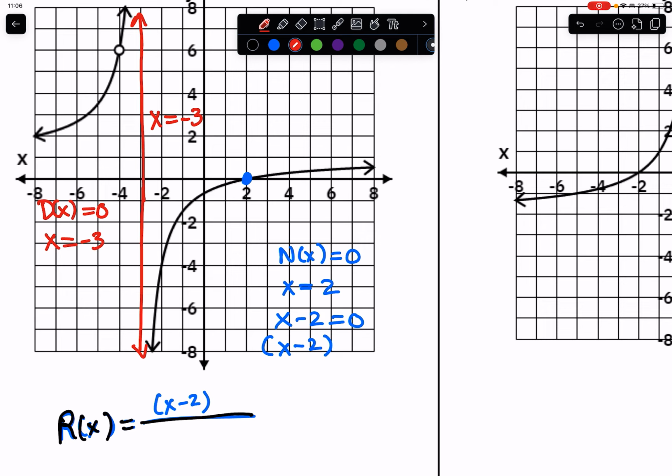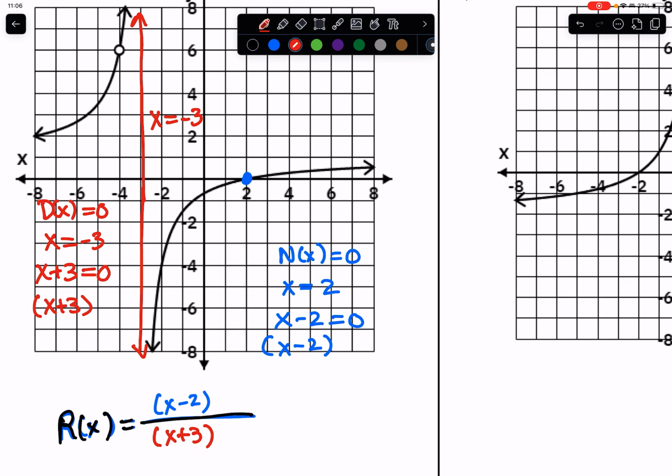How can we get an expression to give us an answer of negative 3? We would have to get x, add 3 to it, and have that equal to 0, which means that our factor would be x plus 3. So we would have to have an x plus 3 in the denominator.